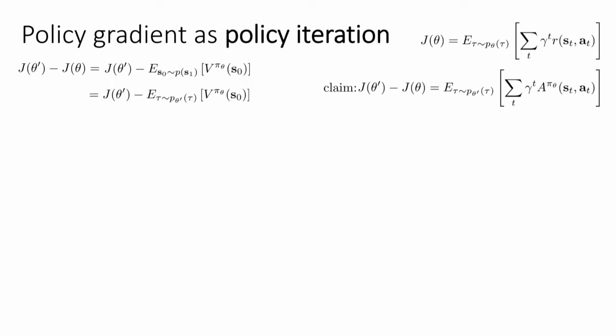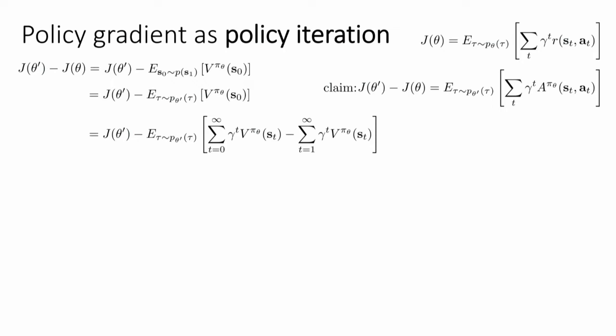But now that I've made that substitution, I'm going to take the thing inside of that expectation with respect to P theta prime of tau, and I'm going to add, at every time step after 0, V pi theta of s_t, and I will subtract V pi theta of s_t. If you add a number and subtract a number, that equals 0.